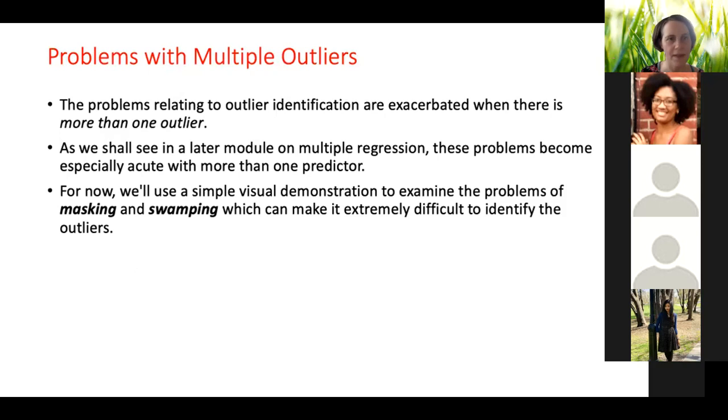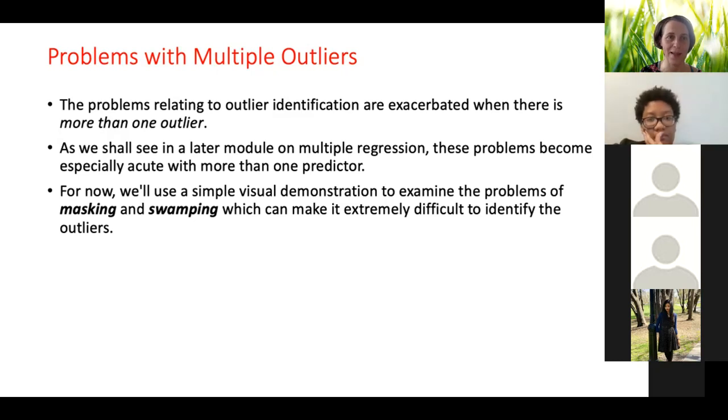So everything that we have talked about so far when it comes to outliers was limited to one single outlier, right? So the validity of these tests is basically limited to cases where we have one or very, very few outliers. The problems that we have with outlier identification are aggravated when we have more than one outlier, and the more outliers we have in our data set, the more complicated it gets.